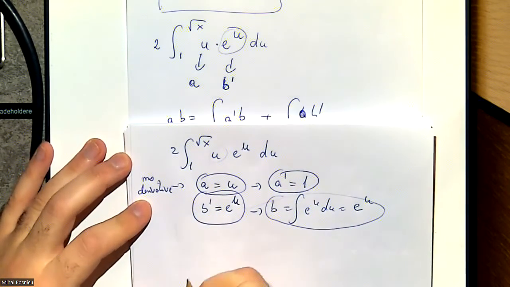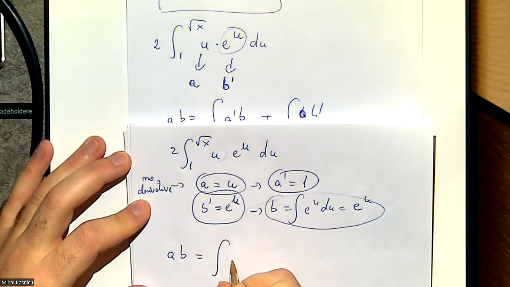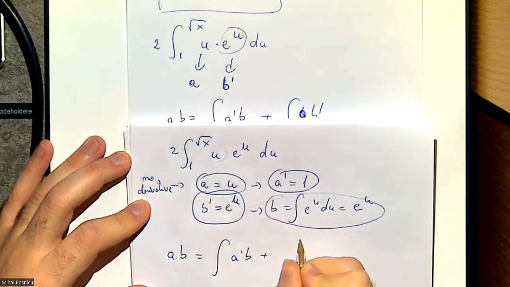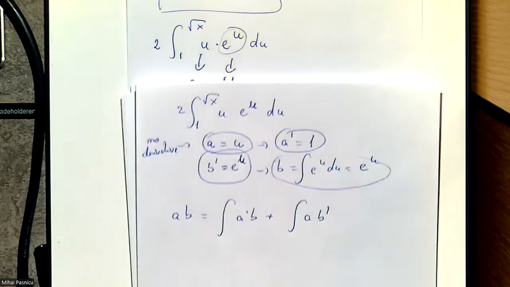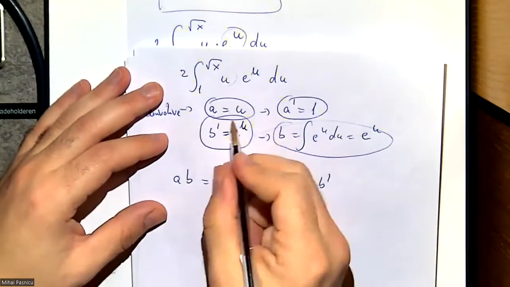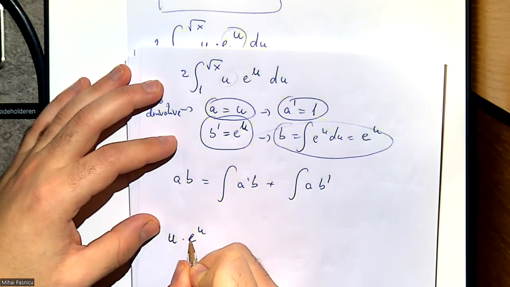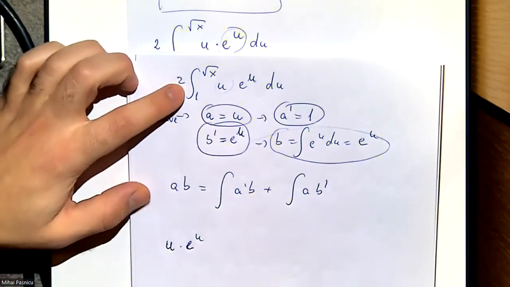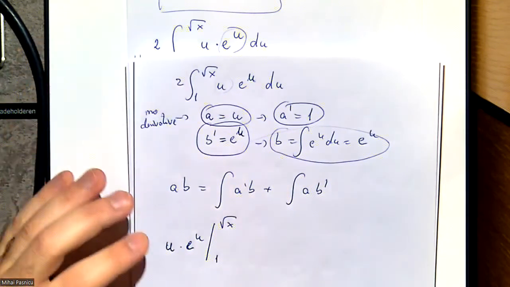At this point, I can use the formula. Let's see it. A is u times e^u. Remember, it's a definite integral, so I have to integrate between 1 and square root of x.